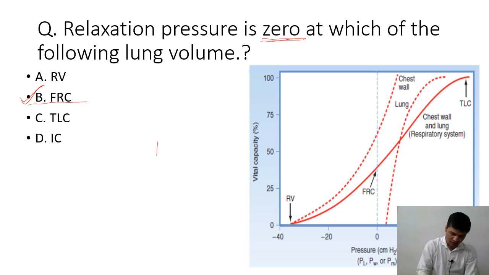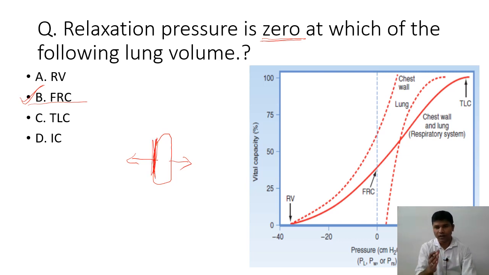Why? Suppose this is the lung, and two forces are working on it. One is an outward force and one is an inward force. The outward force is actually the chest wall, which tries to pull outward, and the lung's tendency is to always collapse. So these two forces work in opposite directions. The point at which the outward force and the inward force balance, in a neutral position, is called functional residual capacity.